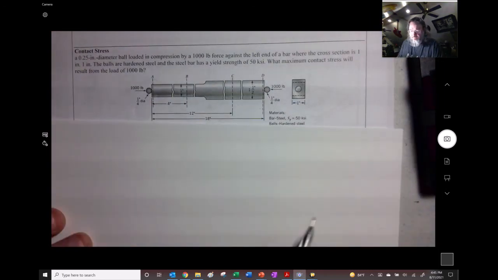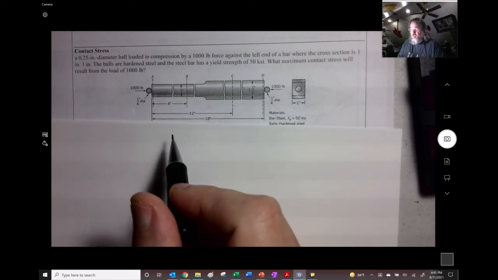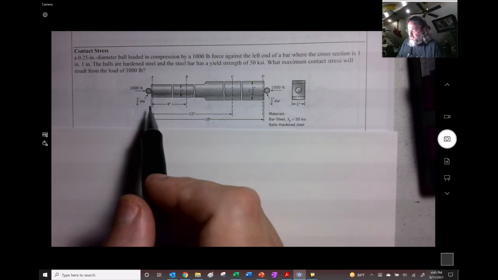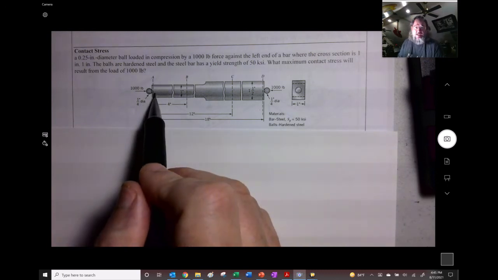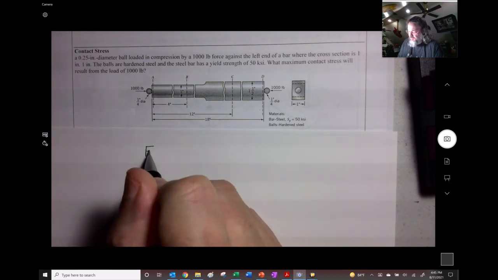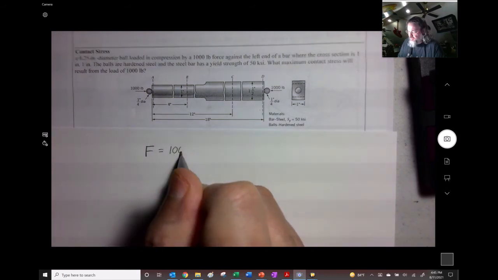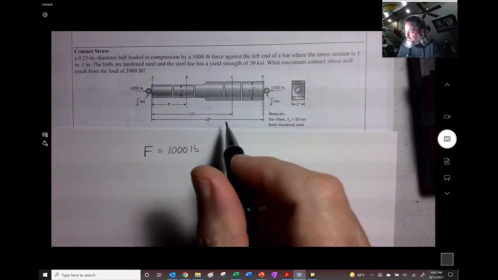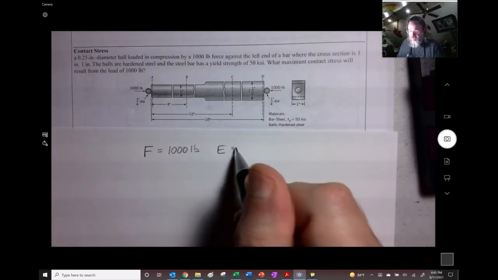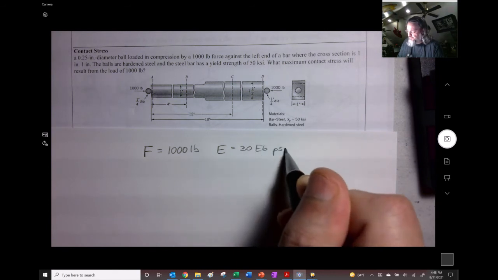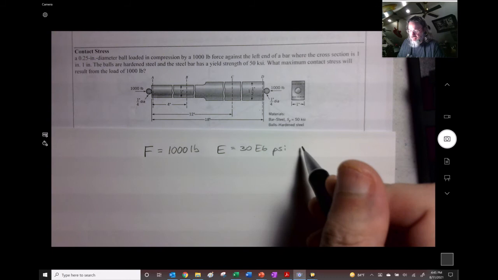Okay. So this is a contact stress problem, similar to one I did in class. This is really a sphere against a flat surface. So proceeding with some of the things we want to know, we have the 1,000 pounds. I went ahead and said the steel has an elastic modulus of 30e6 psi, so 30 million psi.